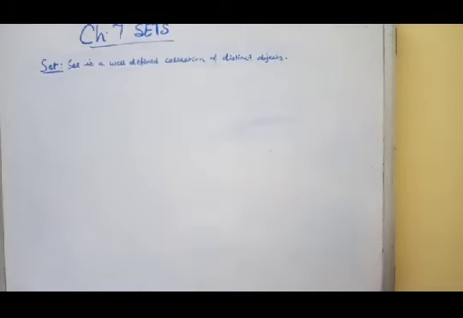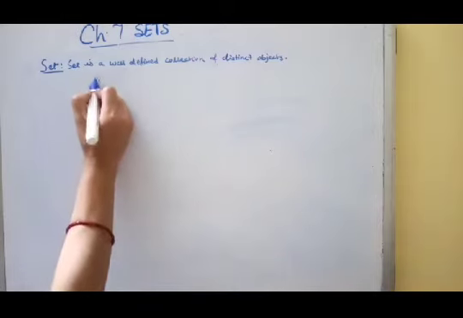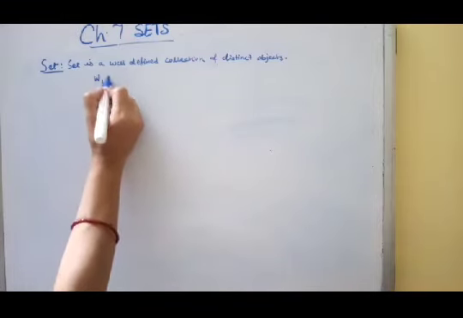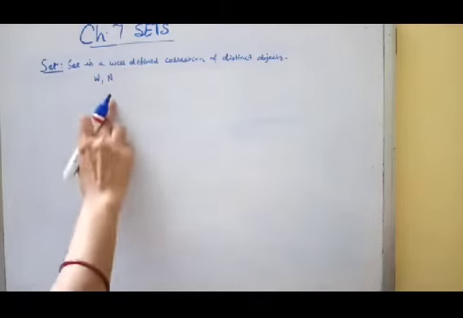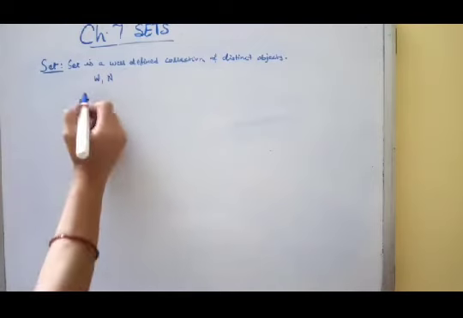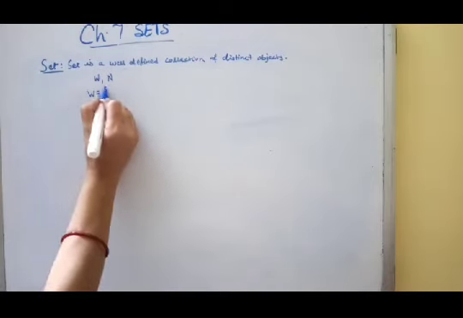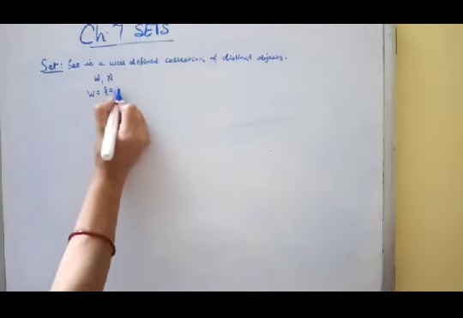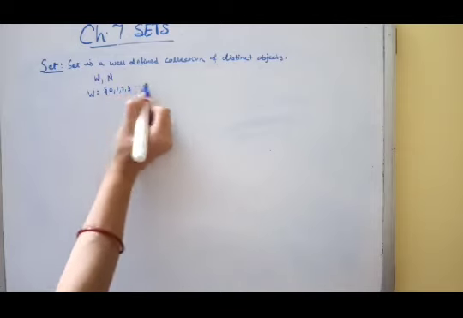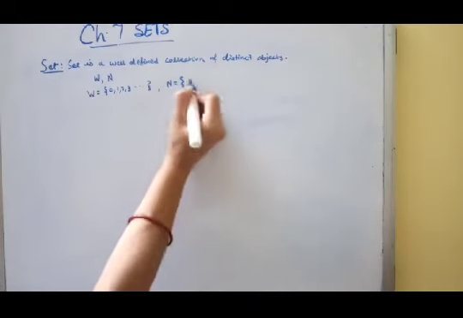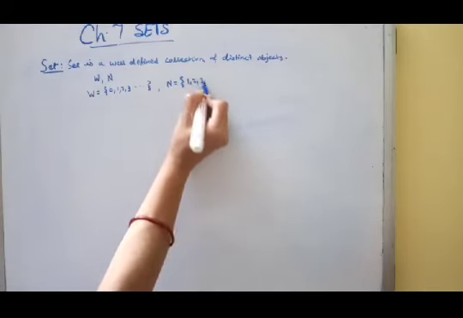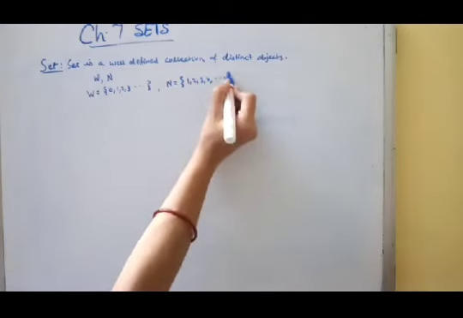Now how to denote the sets? We know that W represents whole numbers, N represents natural numbers. So these two sets can be respectively written as follows: W equals, in curly brackets, 0, 1, 2, 3 and so on, and natural numbers are written in curly brackets 1, 2, 3, 4 and so on.